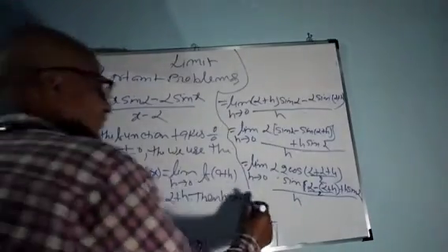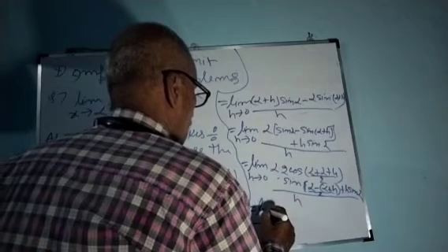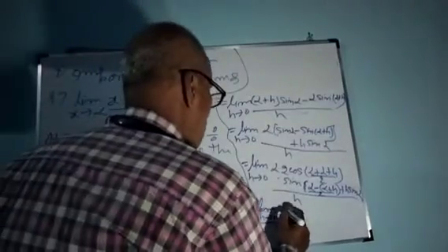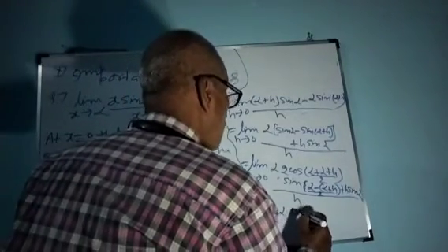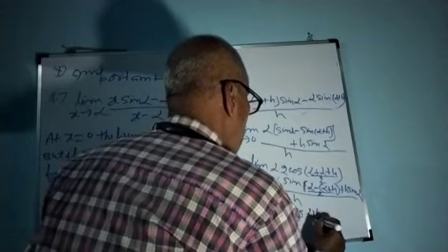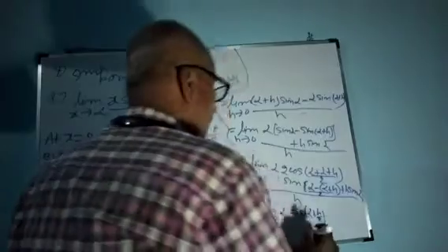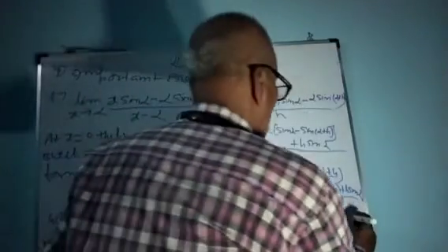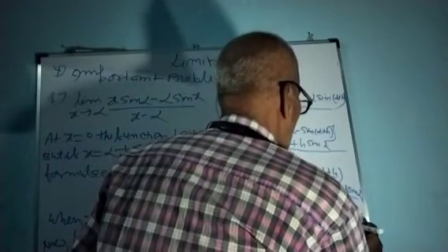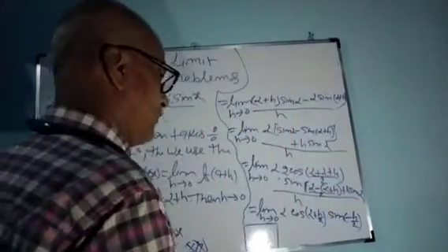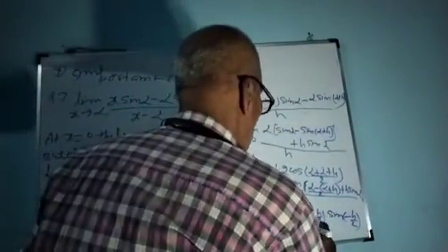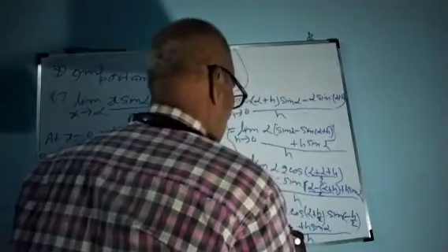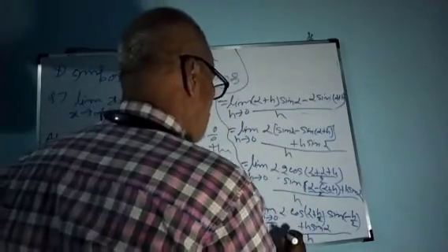This is equal to limit h tends to 0 of alpha into 2 cos(alpha plus h by 2) into sin(minus h by 2), plus h sin alpha, by h.